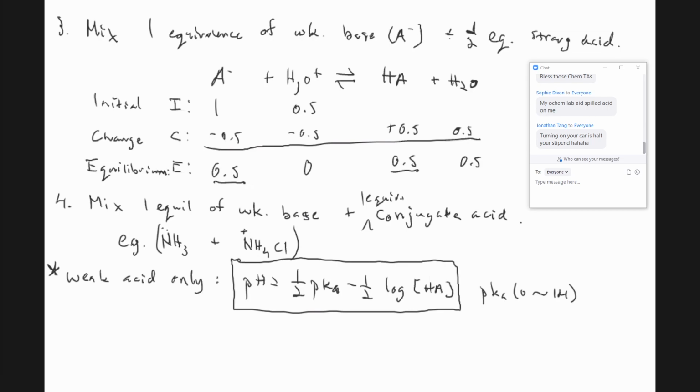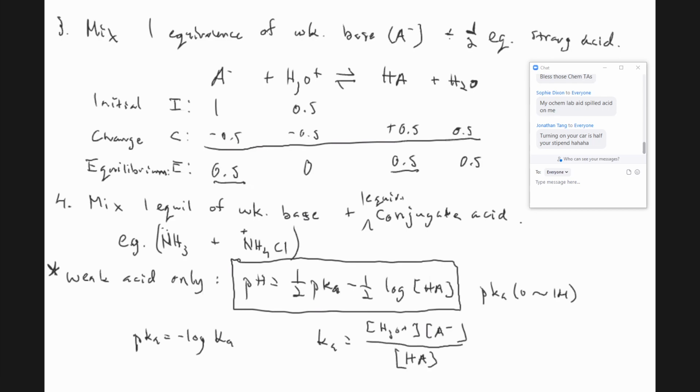in order to find the pH normally, you would have to go pKa is equal to negative log of Ka. Then we know that Ka was your hydronium plus your conjugate base all over your original acid, right?